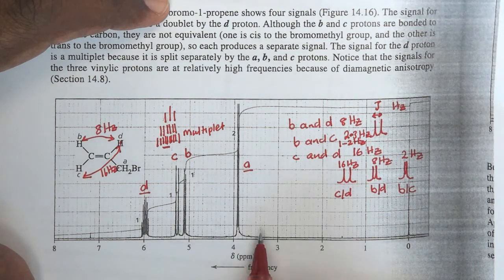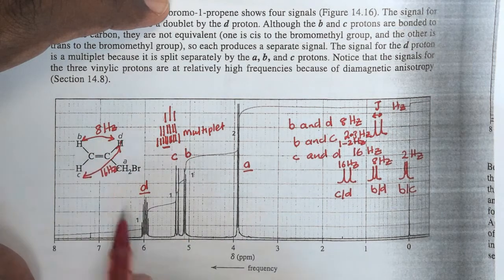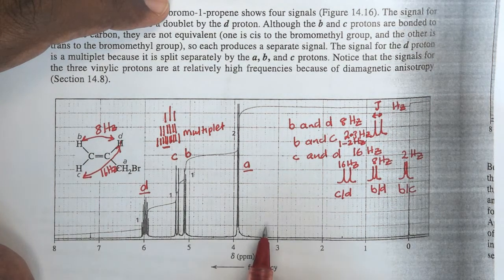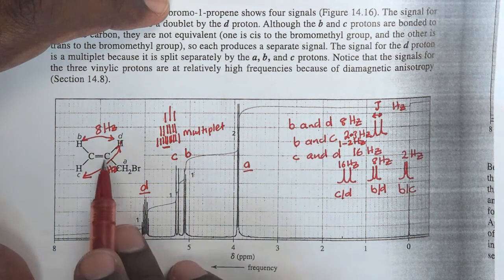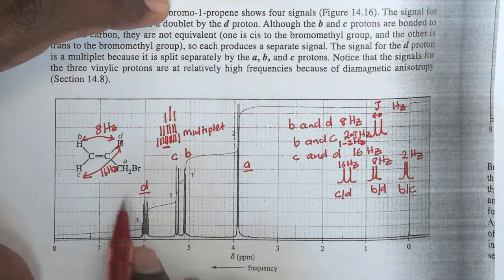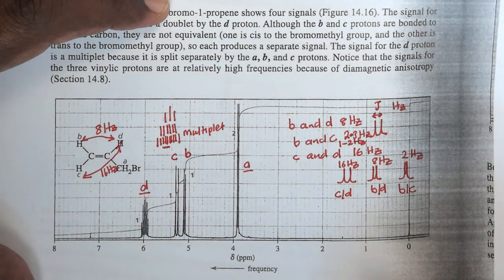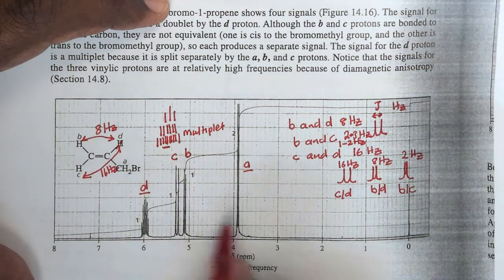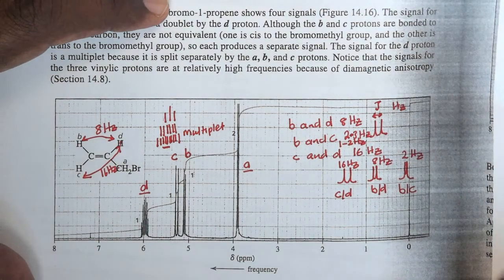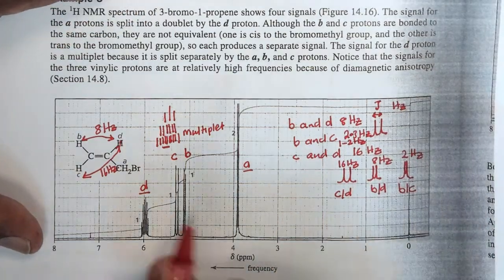So we had 4 resonances: 3 of them for protons on the double bond, and the extra one for the CH2 on a carbon attached to the double bond. So go back and look at this video and see what we did here, and keep this in mind.